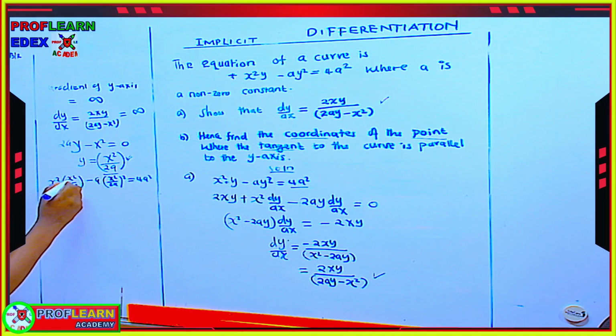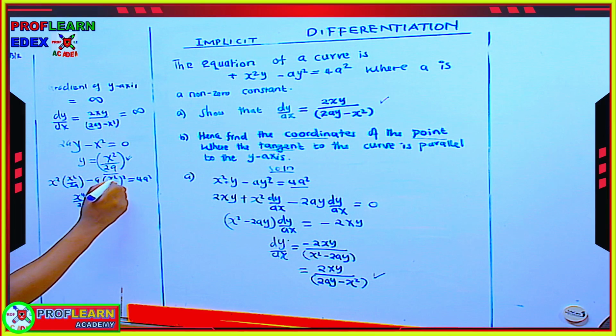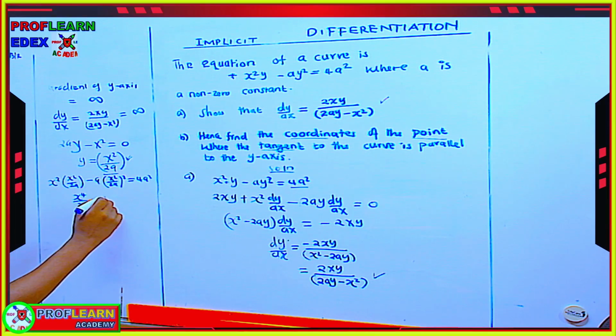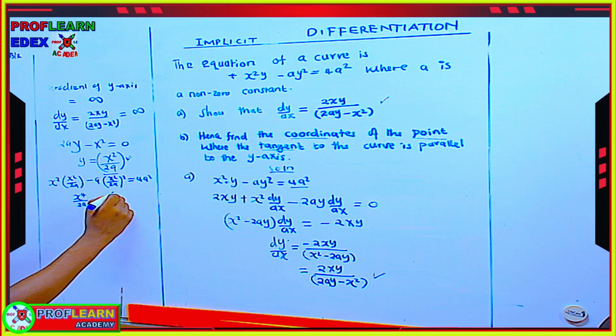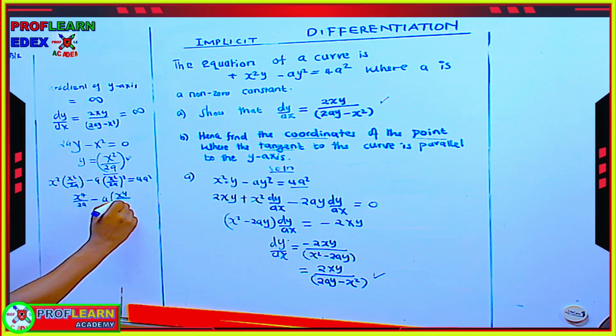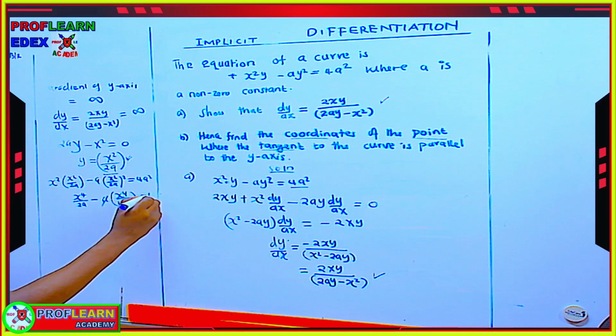If we multiply this, we get x to the power 4 over 2a, minus, if we square this, a into x to the power 4 over 4a squared. Of course, this will cancel with one of the a's.